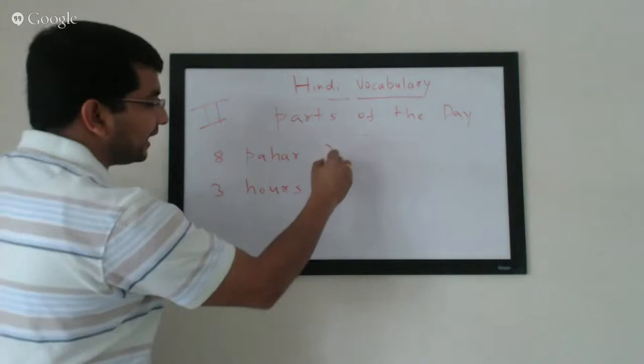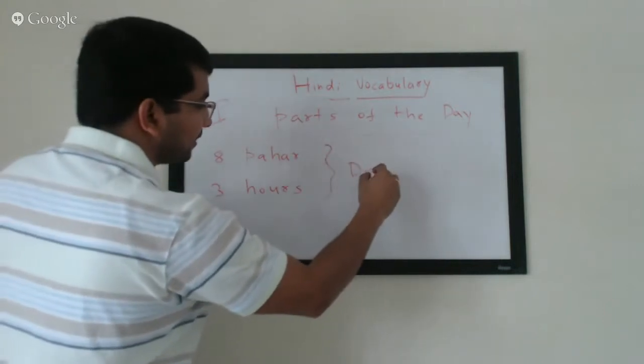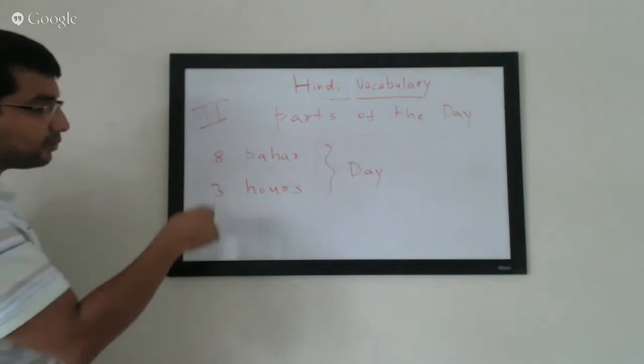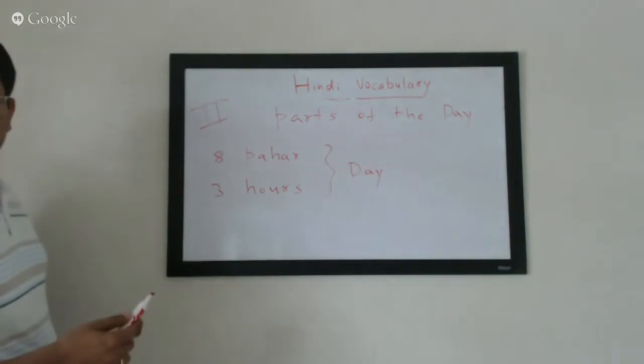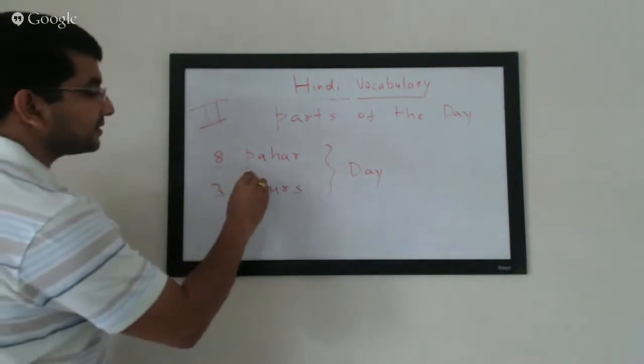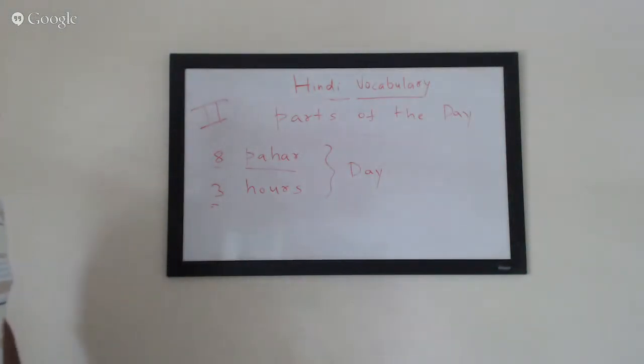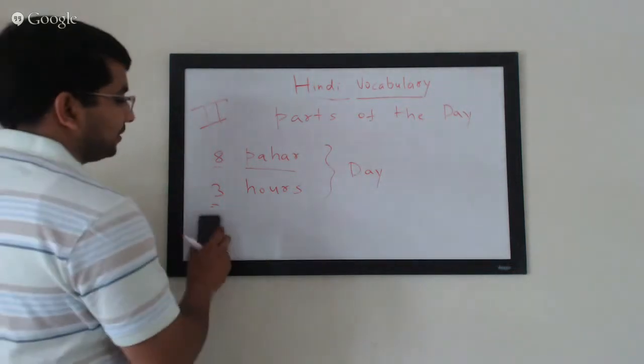That's how the day is divided in Hindi. All 24 hours are divided into eight pahars. There is a name for each of those phases, however we will be covering only four main parts.